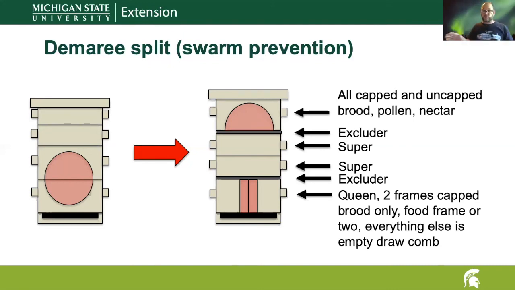The foragers are totally unaffected because they can continue to forage, and the nurse bees, for the most part, are just hanging out up in the top chamber with all of that brood. And so you've relieved a ton of pressure in that bottom box. All the bees, except for the queen, can move about freely. The only thing that's confined is the old queen in the bottom and potentially any new queens that emerge from the top.